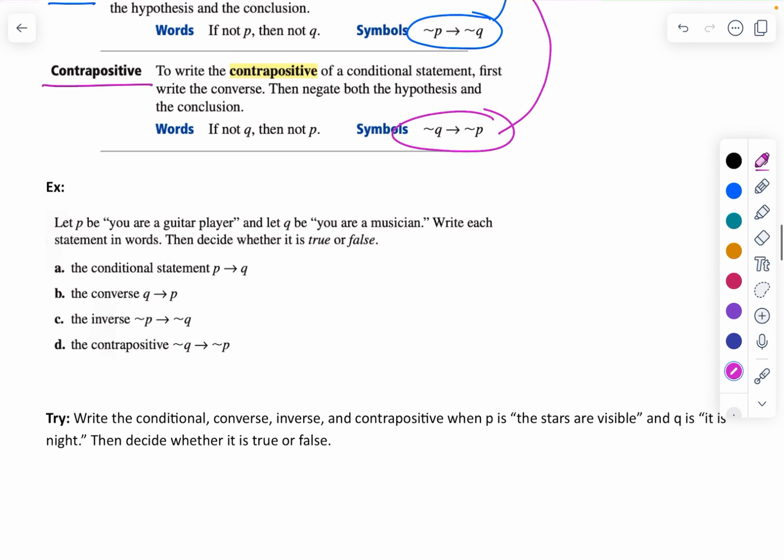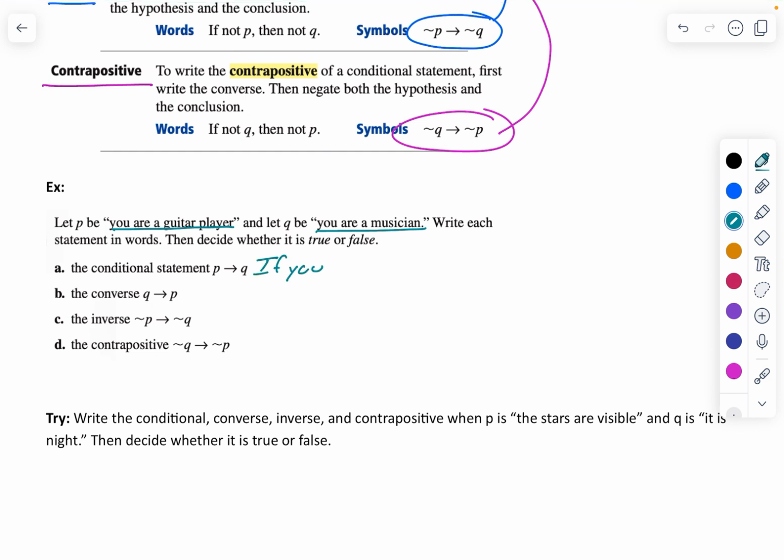Okay. So this is a sample problem. It says, let P be you are a guitar player and Q be you are a musician. Now, we kind of looked at this example yesterday, so this is really a repeat for the conditional and converse. So let's take a look.